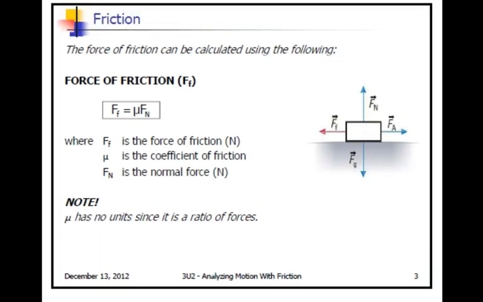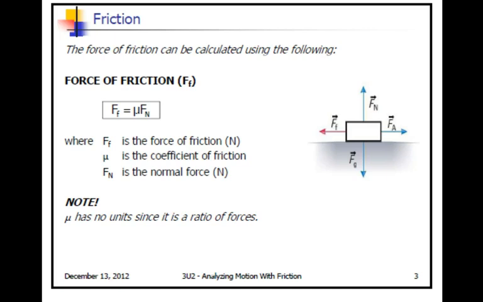So the force of friction is actually dependent on the normal force that an object experiences, and it is actually a component of that force. We take that normal force, we multiply it by a ratio known as the coefficient of friction.